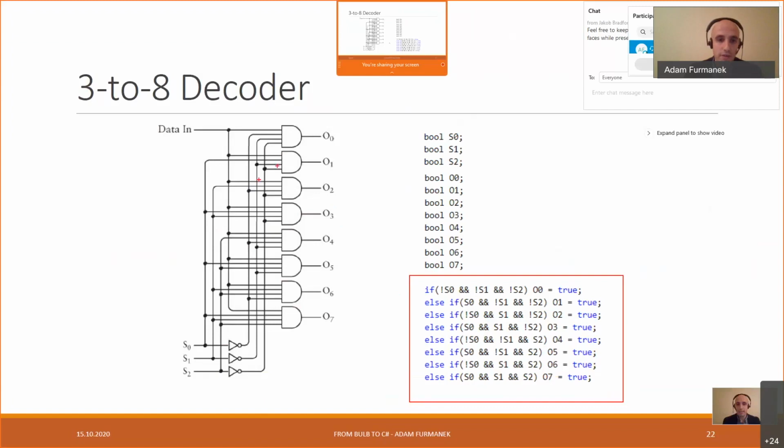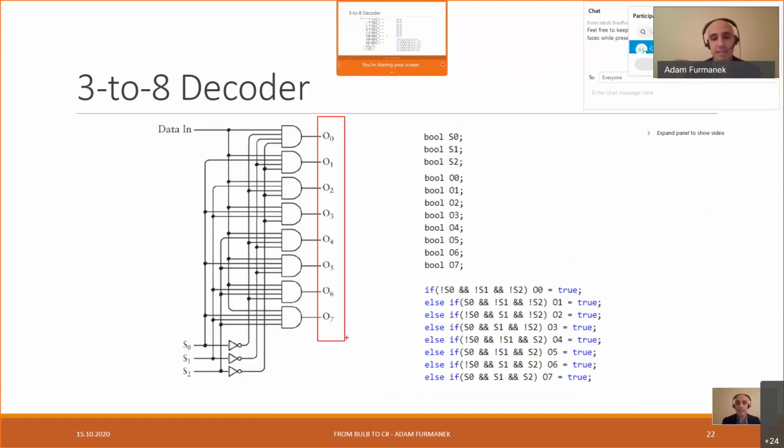Because once you figure out how these 3 inputs are connected to the AND gates here, you'll figure out that it's basically doing some conjunction, checking whether we have three zeros here or three ones here at the input, and only one of these outputs will be set to true.